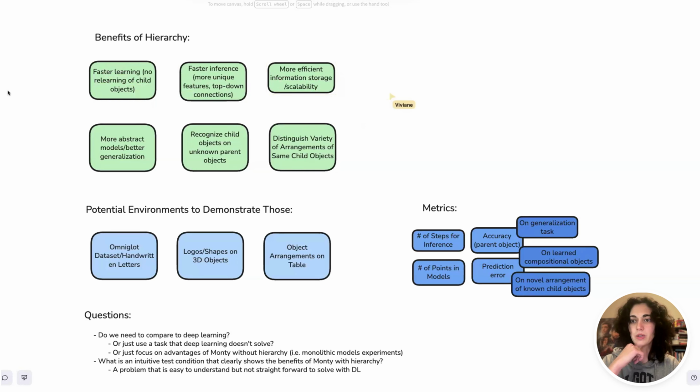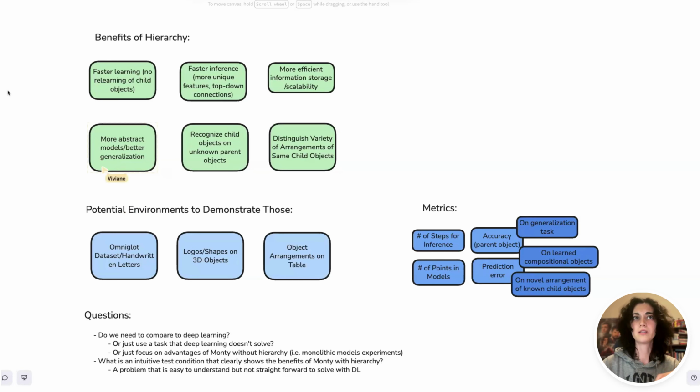And basically, if we can decompose objects into sub-objects and then arbitrarily recombine them into high-level arrangements of parent objects, that makes it much more efficient with the amount of information that needs to be stored. Like I mentioned before, we don't have to store the details of the logo in every object that contains the logo. We store the details once, and then objects that contain the logo just associate with that model ID.